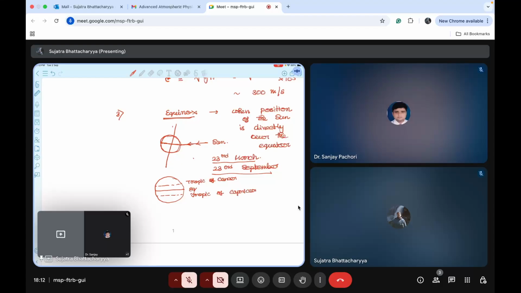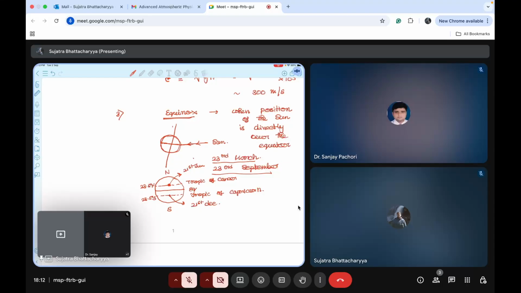This is south, this is north, this is 23.5 degrees, this is also 23.5 degrees. When the sun is directly over here, this is called the summer solstice. This happens on the 21st of June. This is the winter solstice, which is 21st of December.